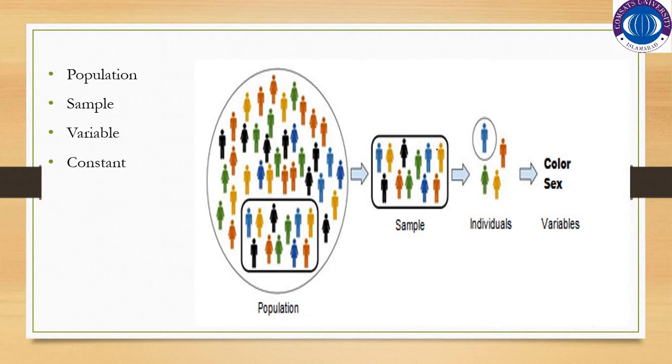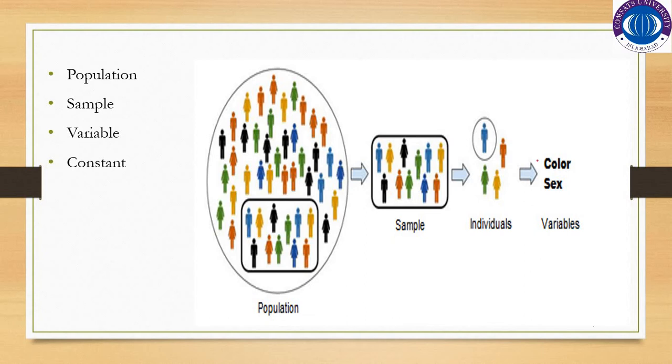We define a variable as something which is not fixed, which keeps on changing, and a constant as something which is fixed. So if you concentrate on the sampling units of the sample, they all are individuals. So this is constant. Whenever you take a sample from this population, obviously they are individuals. But they have different color and different sex.